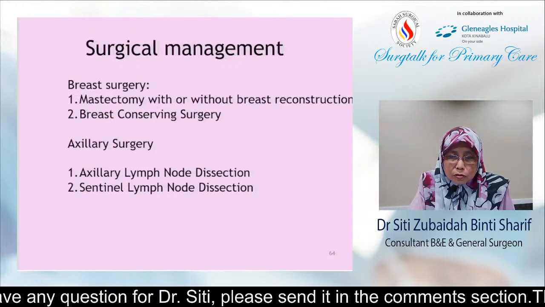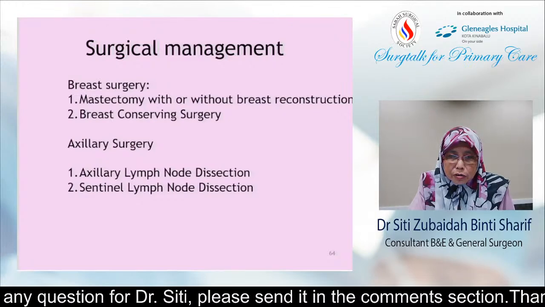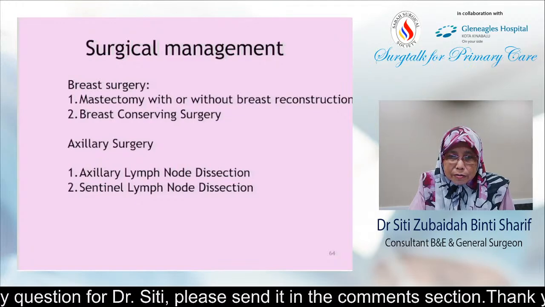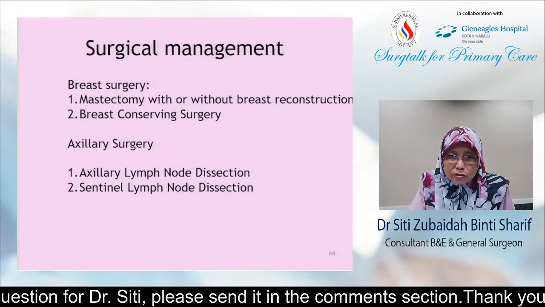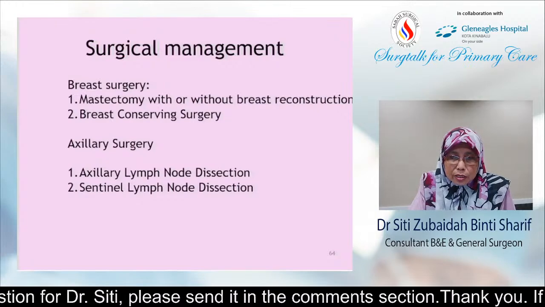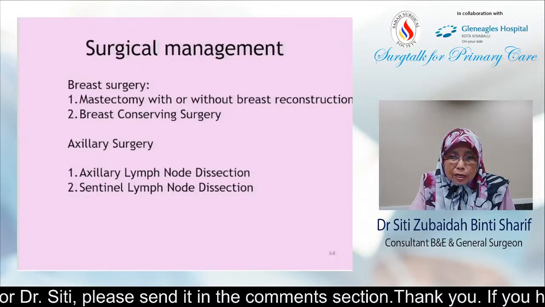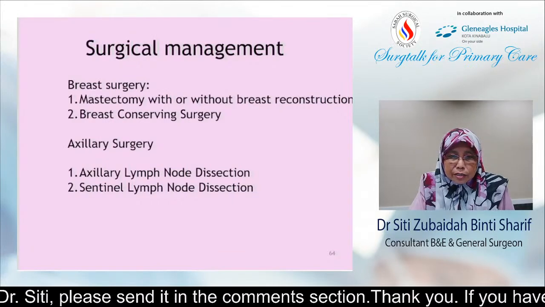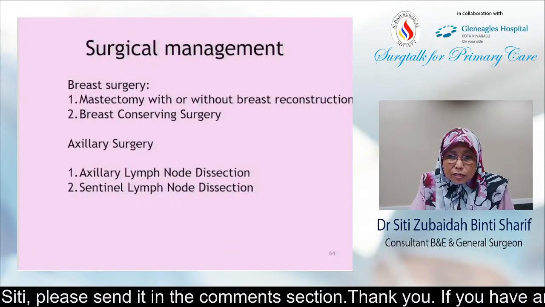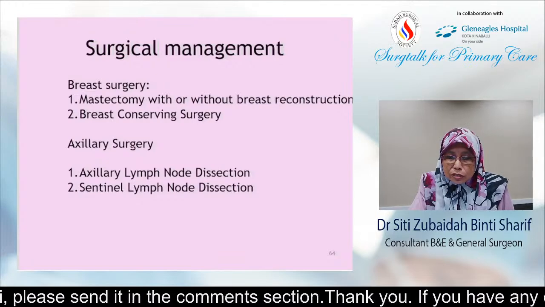So for the breast, we can do either mastectomy or breast conserving surgery. And mastectomy we can do with or without breast reconstruction. And axillary surgery is either lymph node dissection or sentinel lymph node dissection.